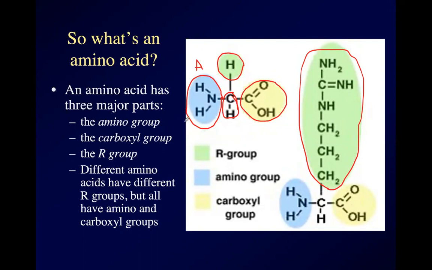And we call that the R group right there. So there's the amino group, there's the carboxyl group, and then different amino acids are defined by having different R groups. They've all got amino and carboxyl groups, but depending on what the amino acid is, the R group could be quite a lot of things.